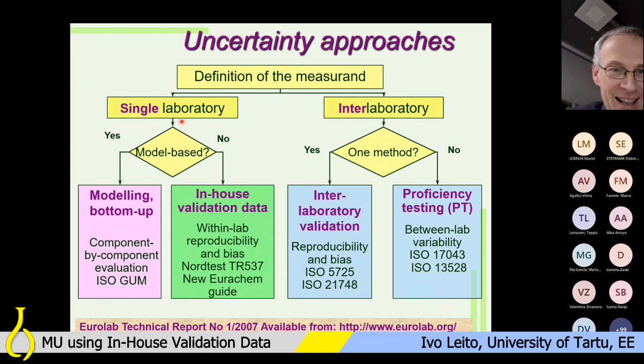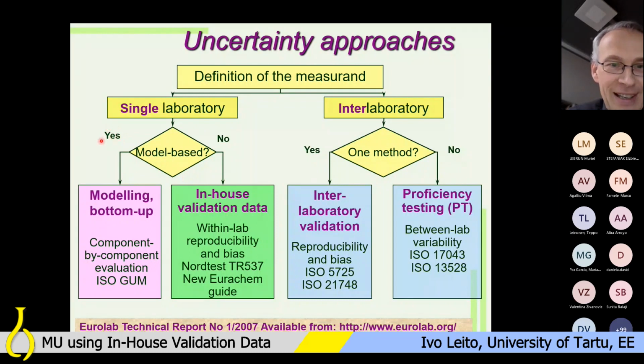Now these single laboratory approaches can also be broken down in two, depending on whether it's model-based or not. A model you, of course, always need for calculating your measurement result. But not always is a model actually necessary for evaluating uncertainty.